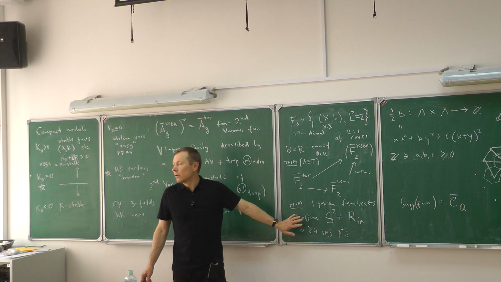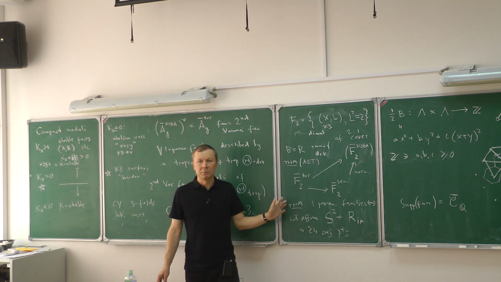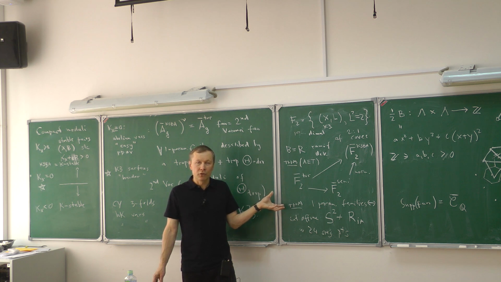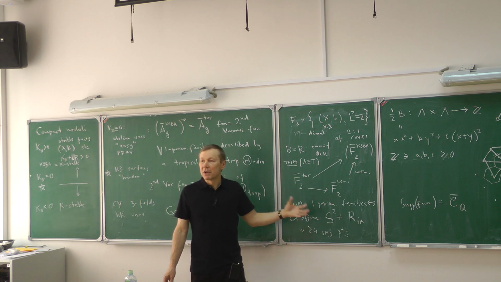Then Pelham Wilson and Mark Gross had some paper about the Hausdorff limit, the metric limit of K3 surfaces, and under some conditions they proved that this Gromov-Hausdorff limit is a sphere, a metric sphere with 24 singularities.